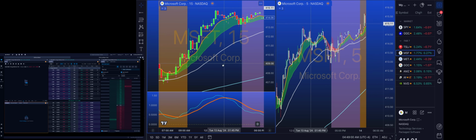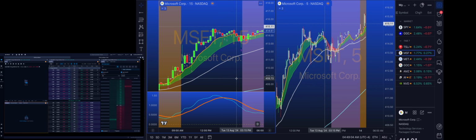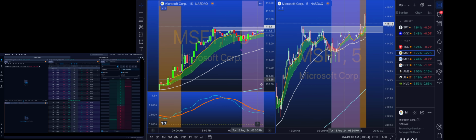So let's see what we got on Microsoft. We do have a little bit of a nicer chart for me. Here we go. Nice and simple. Okay, I'm looking for longs above 414.98, which price is currently above.